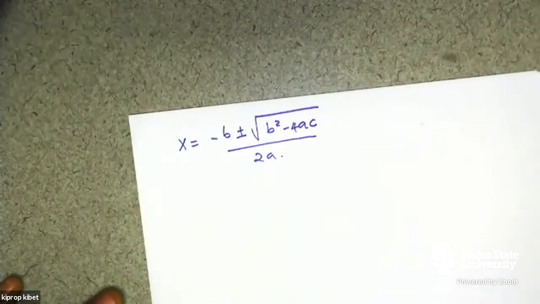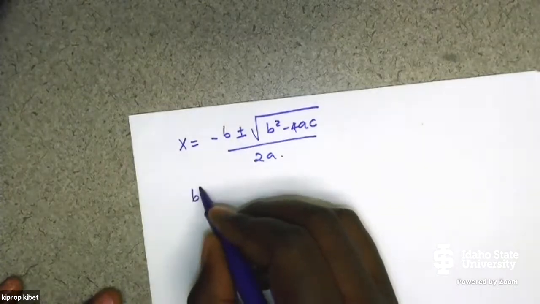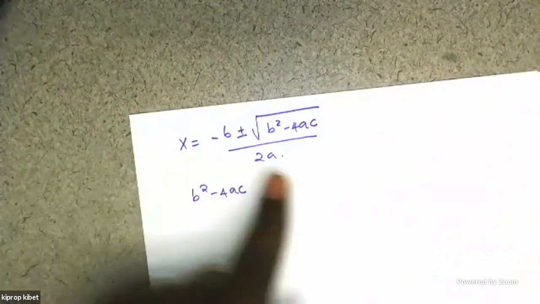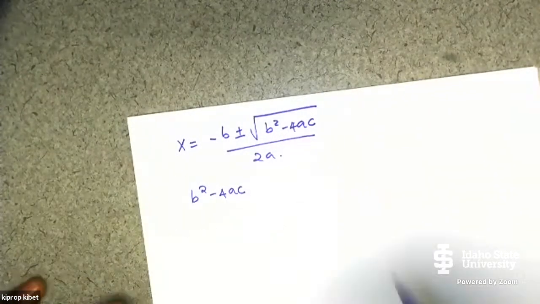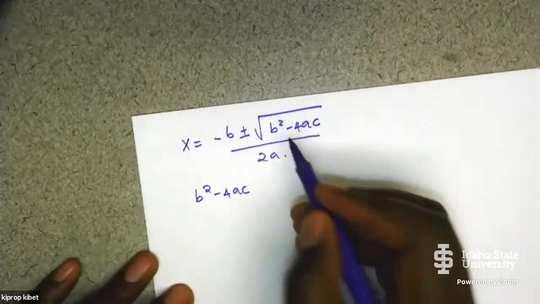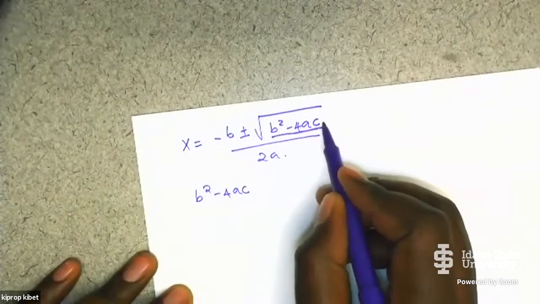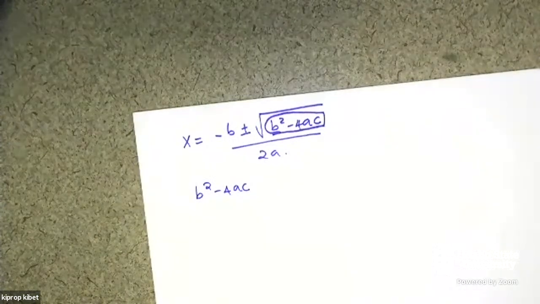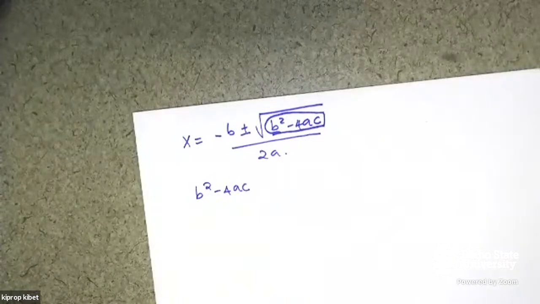Now, this b squared minus 4ac, this one here, determines the kind of equation that you have, or the kind of solution that you will get from it.